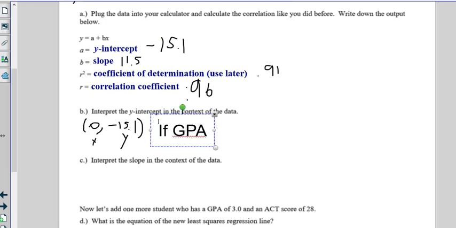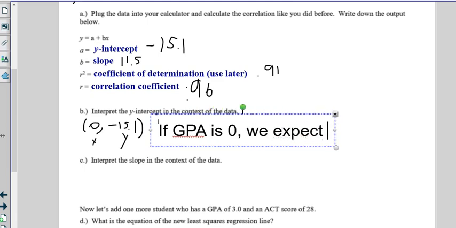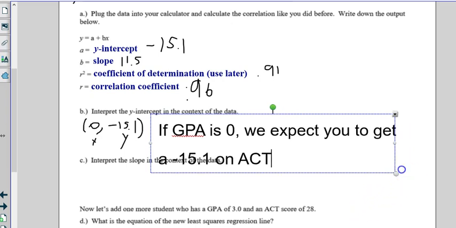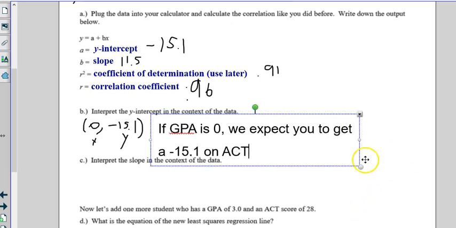If the GPA is 0, we expect you to get a negative 15.1 on ACT. That's how we interpret it. Does it make sense? No, it doesn't. You're probably not going to have a 0 GPA, and you're definitely not going to get, no matter how badly you do, a negative score on the ACT.